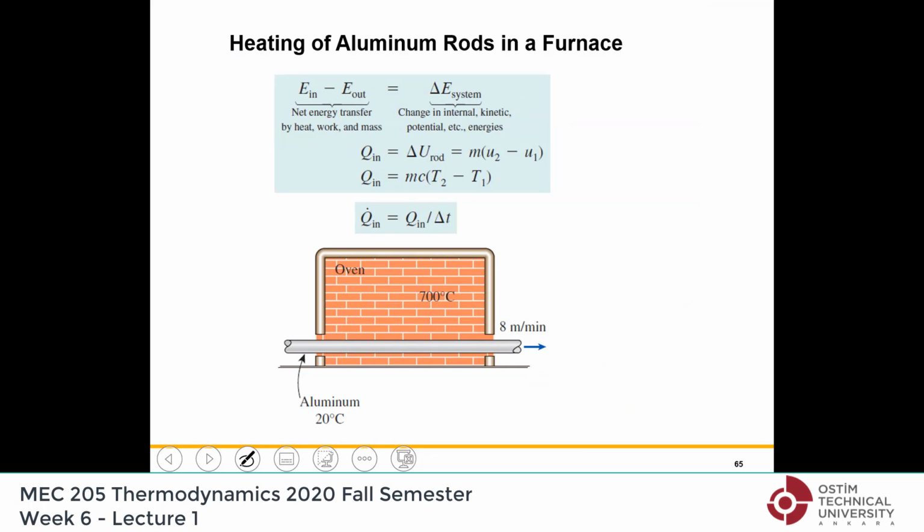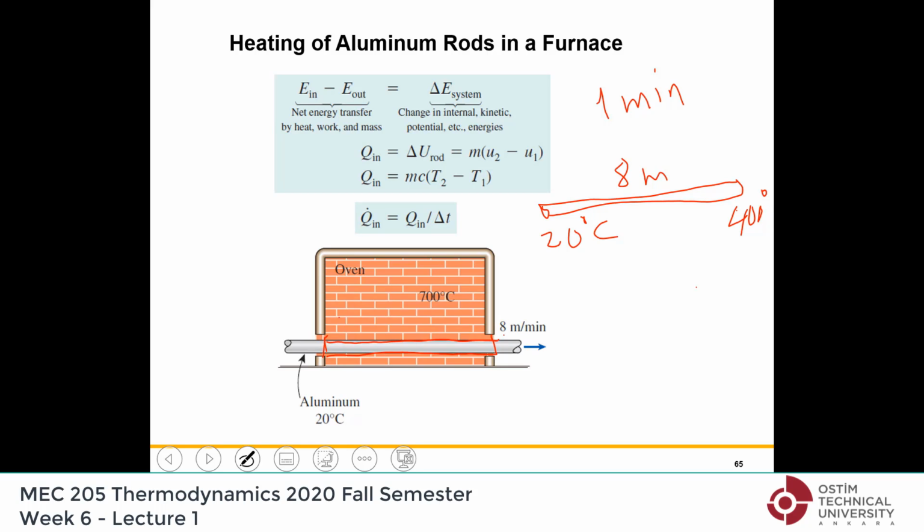So this time we take this aluminum rod, the part in the oven, as the system. We can solve it as a control volume problem, but let's do it as a closed system. Now, we know that if you take a rod like this, which is 8 meters long, it takes 1 minute for the temperature to go from 20 to 400.